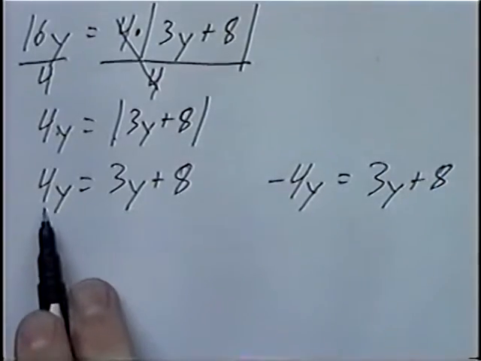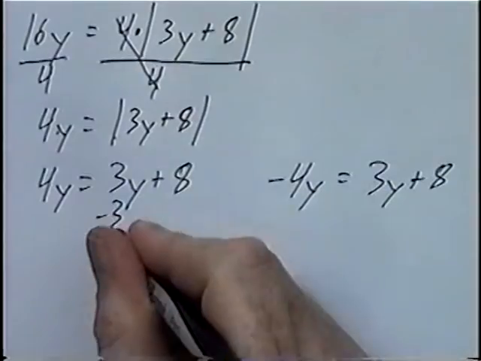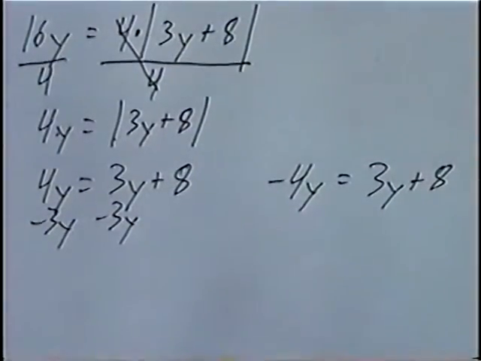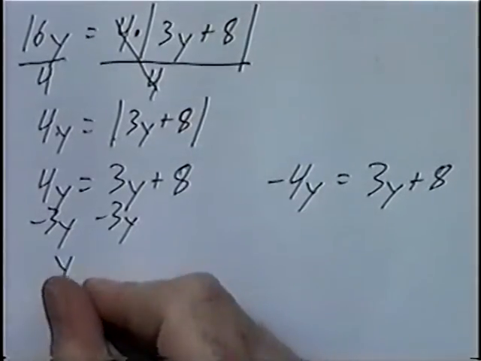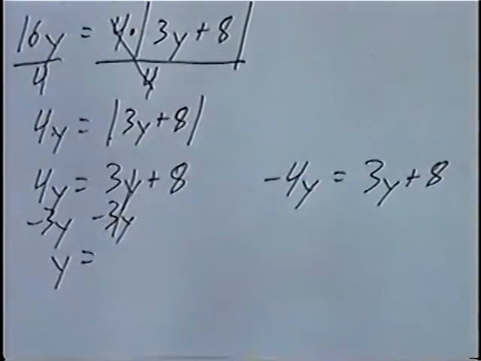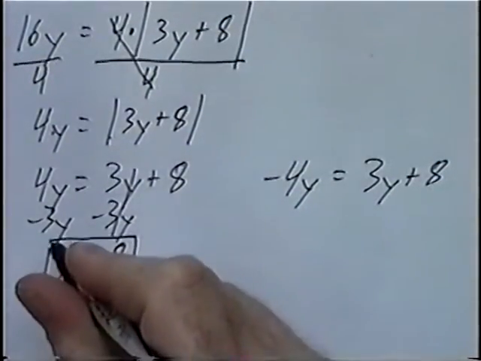Solving each equation, 4y equals 3y plus 8. We can subtract 3y on both sides. 4y minus 3y would be 1y or just y. 3y would cancel, and we have the answer, or again possible answer, y equals 8.